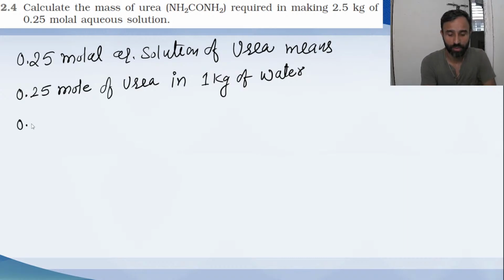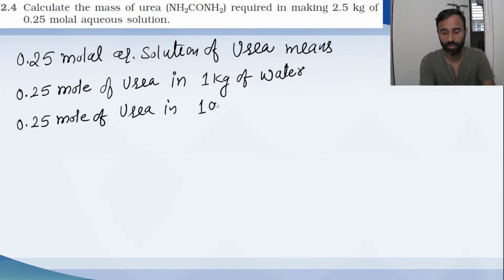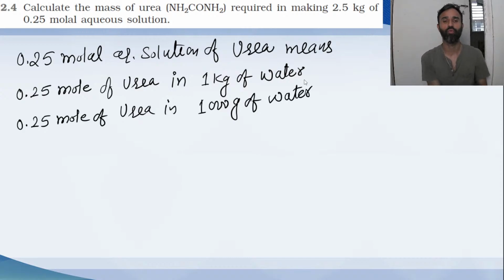Means 0.25 mole of urea in 1000 gram of water. And now what is the mass of urea? Mass of 0.25 mole of urea.